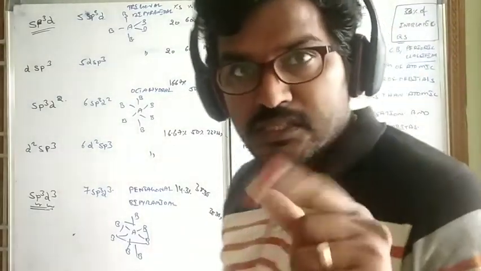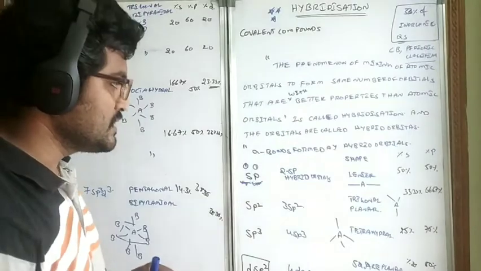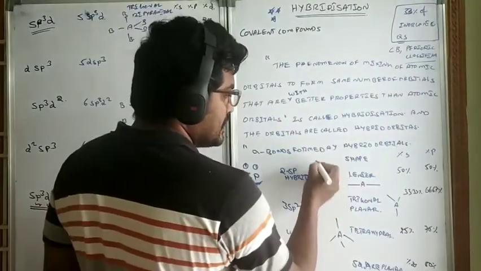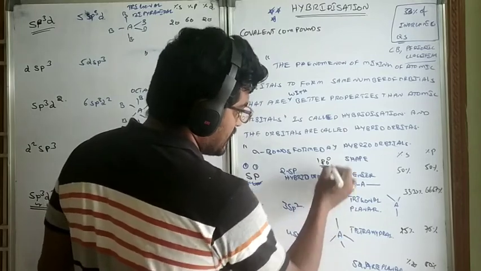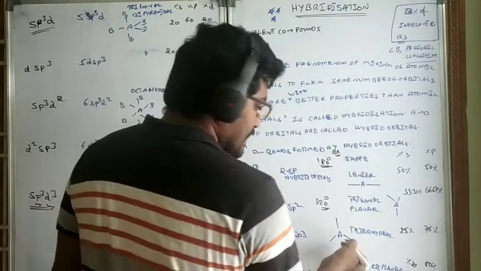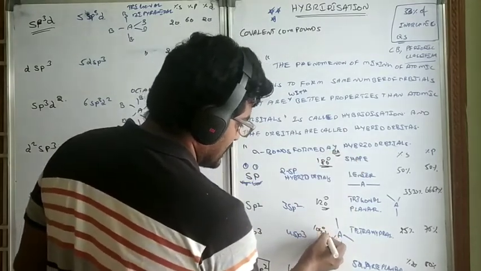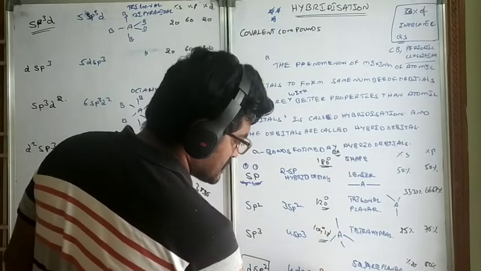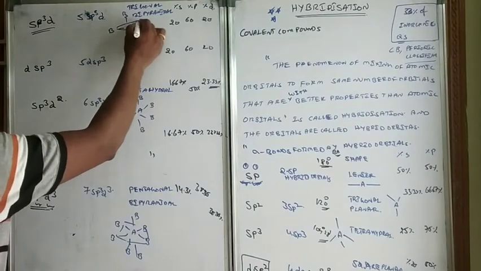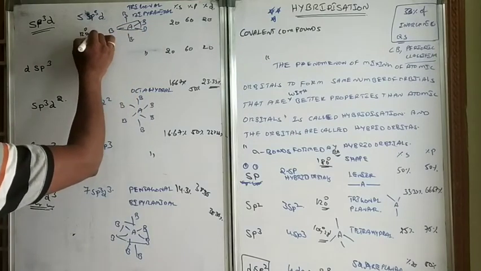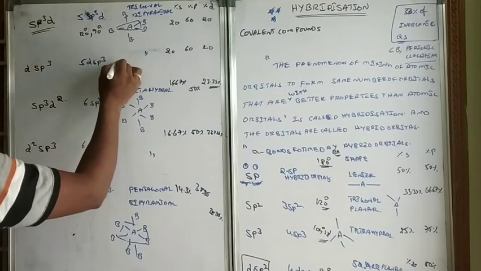One more is there, that is bond angles. So listen carefully. In linear, the bond angle is 180 degrees, trigonal planar is 120 degrees, and in tetrahedral it is 109 degrees 28 minutes. Square planar is 90 degrees. In trigonal bipyramidal, 120 degrees and then 90 degrees will be there.